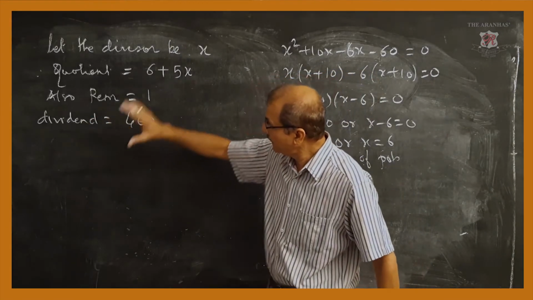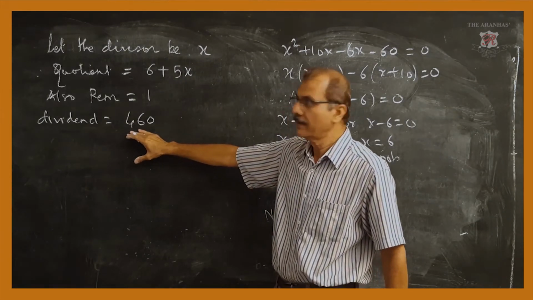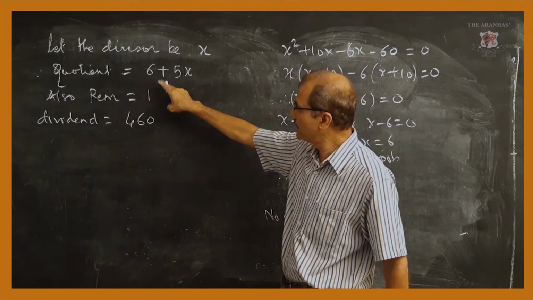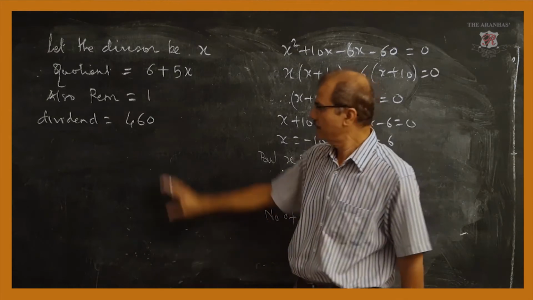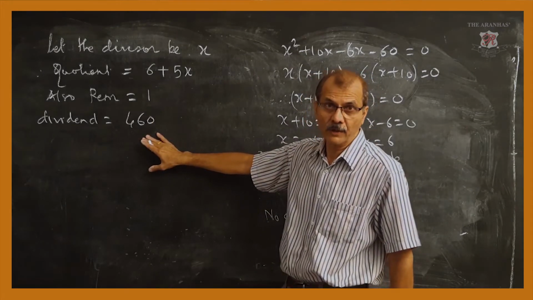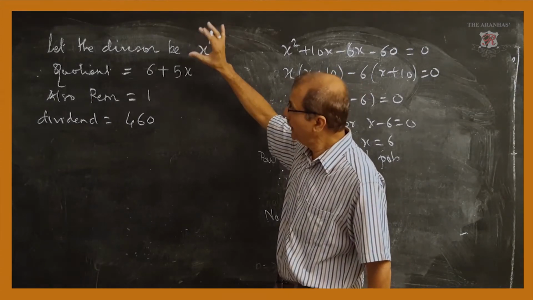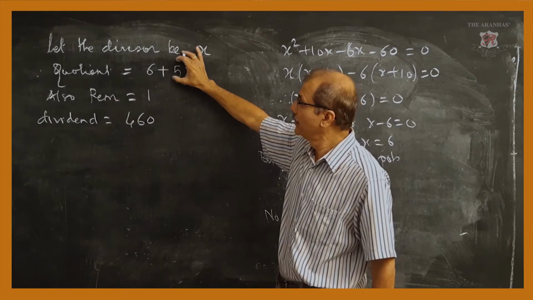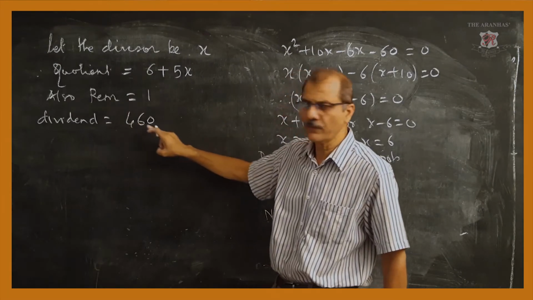It is said that if this number is divided by this divisor, you get quotient 6 plus 5x and remainder 1. This is all given to you in the problem itself. We assumed the divisor, and by the condition we found the quotient. So these two are given in the problem: remainder is 1 and the number is 460.